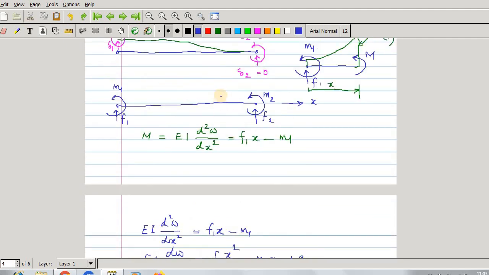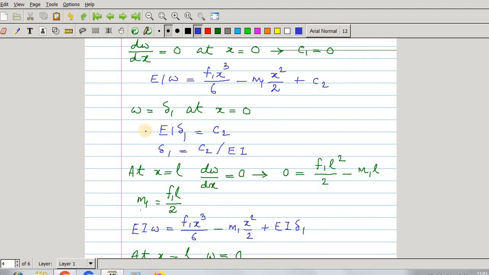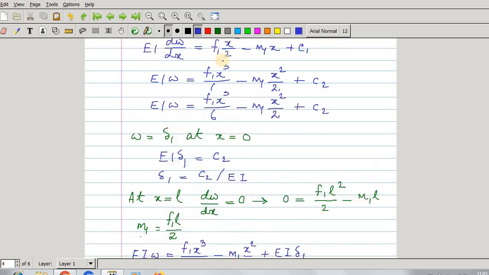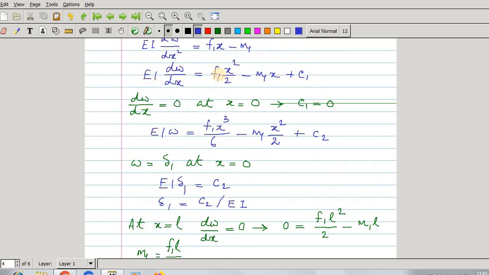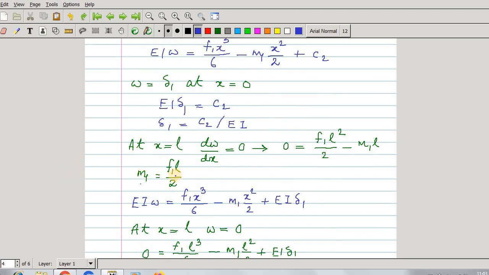Now at the right end also, at x equal to L, dw/dx equal to 0. So here you put in this, C1 is 0 anyway. So at the right end, EI dw/dx equal to F1 L square by 2 minus M1 L. So that is 0. So here you get a relation between M1 and F1.